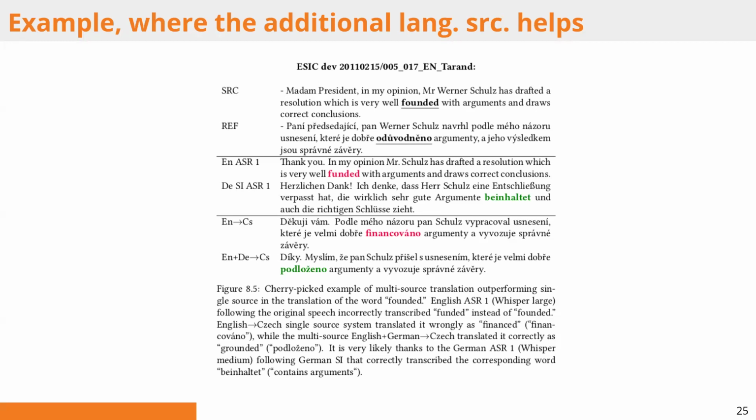So when we have translation only from English, then the Czech word is wrongly translated as financováno, while when we have a multi-source model that takes both these sentences, then this word is correctly translated. So this is one cherry-picked example.